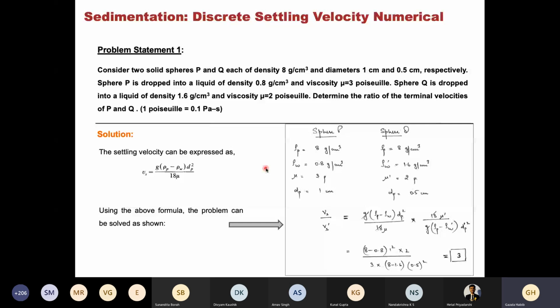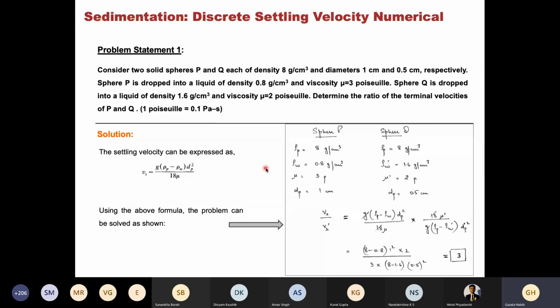I will just read the question. Consider two solid spheres P and Q, each of density 8 gram per centimeter cube and diameter 1 centimeter and 0.5 centimeter, that means 10 millimeter and 5 millimeter respectively. Sphere P is dropped into a liquid of density 0.8 gram per centimeter cube, so the particles are heavier than the liquid, and viscosity mu is equal to 3.